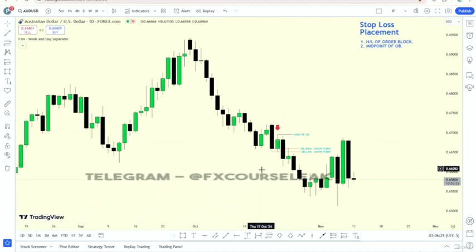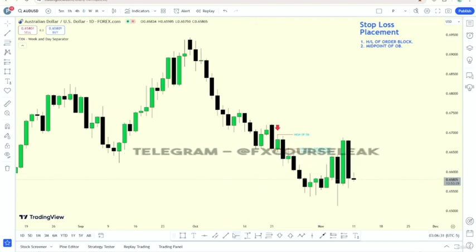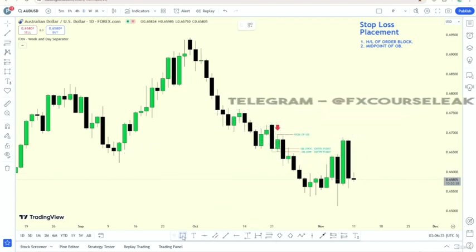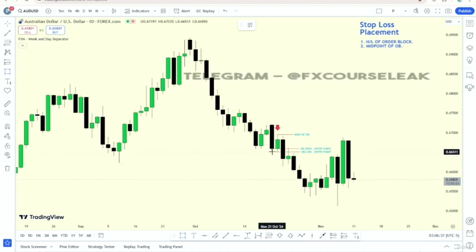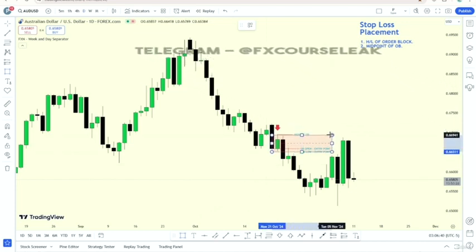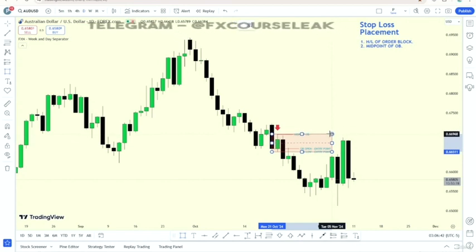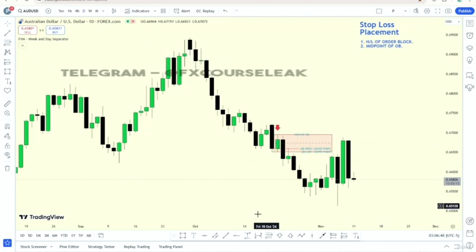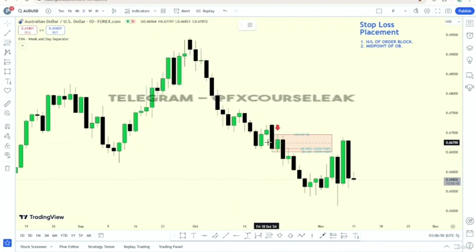The second place, which is a more aggressive area that you can place your stop loss, is the midpoint of that order block. I've used this rectangle to capture the high and the low of that order block, and then it's giving me a midpoint. So that is the midpoint of the order block.